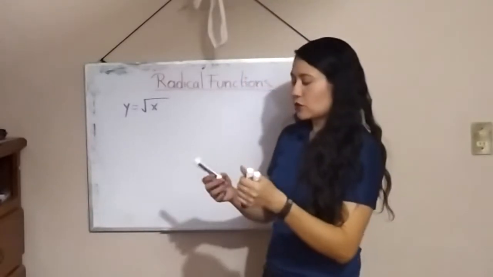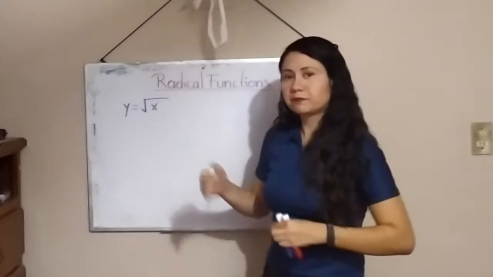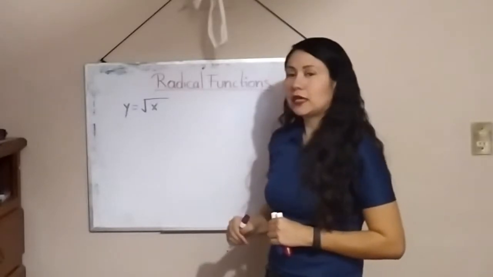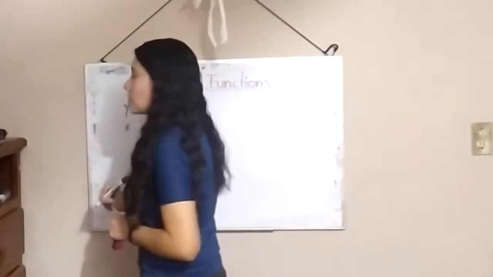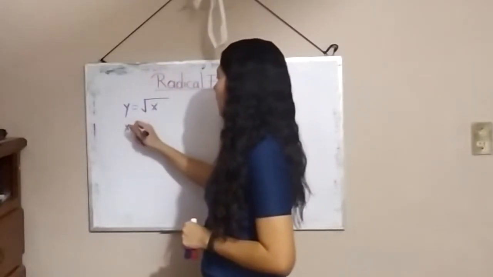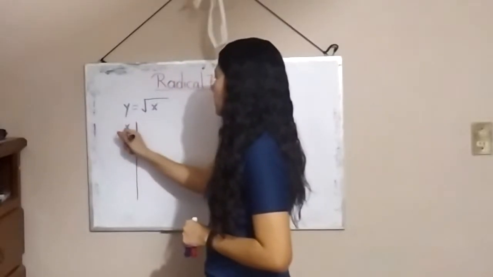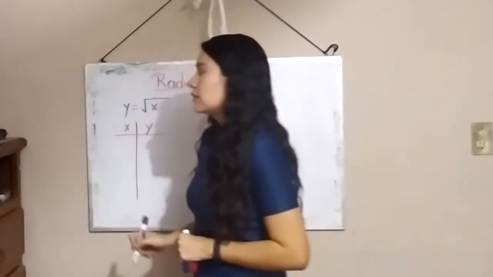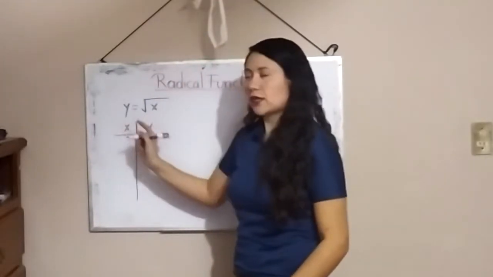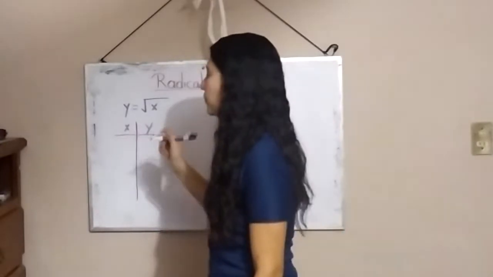Okay? So we are going to make a table to graph y equals the square root of x. We have the values of x, which we can give any values we want, and the values of y that are going to depend on the value we give x.